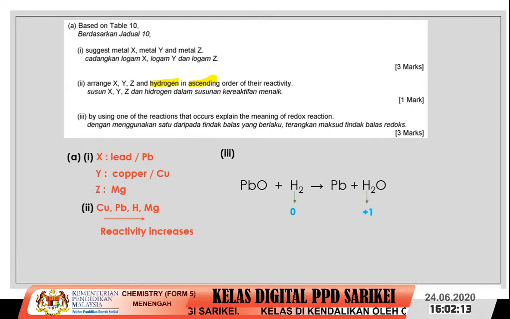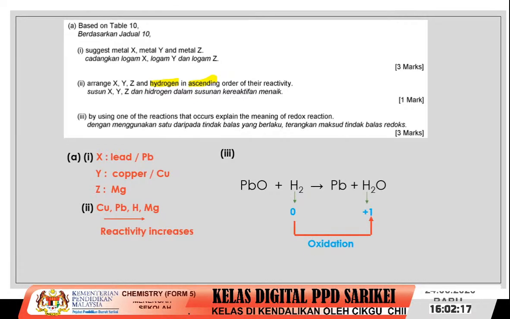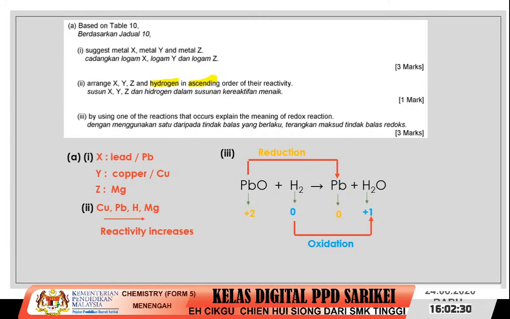Before the experiment it is 0, at the end it is positive 1. So this is an oxidation process. The oxidation number of lead is positive 2 before the experiment, at the end it is 0. So the oxidation number of lead decreased from positive 2 to 0.